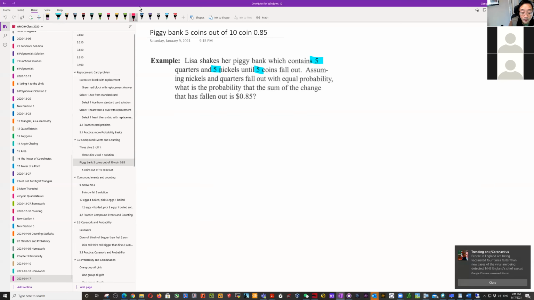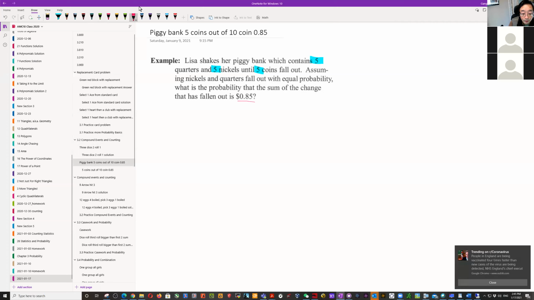Let's try to see how to make 85 cents. So you have to make the 85 value with quarters and nickels.